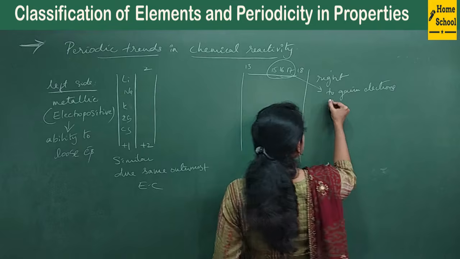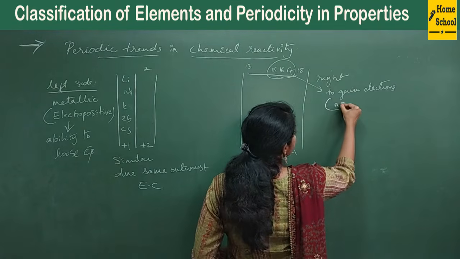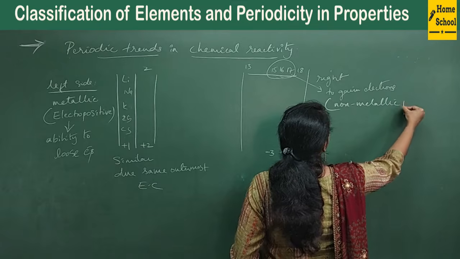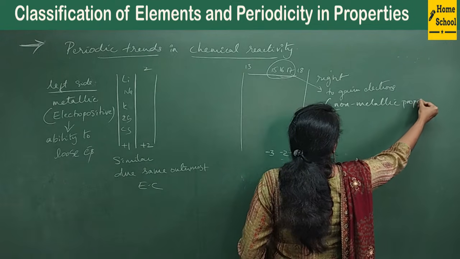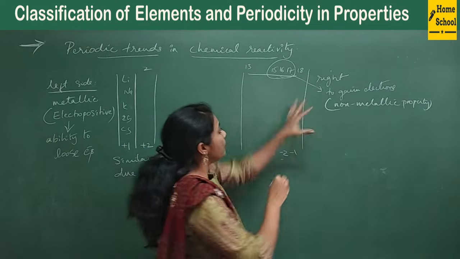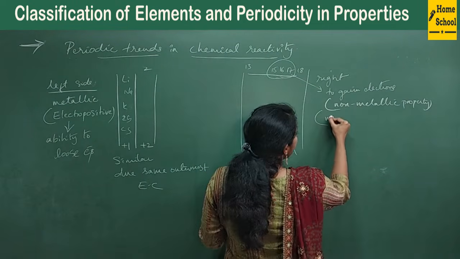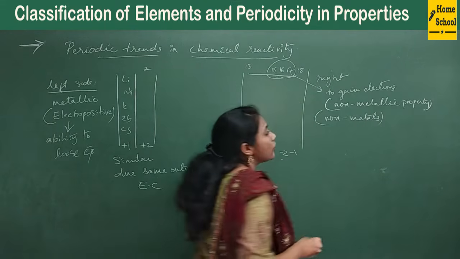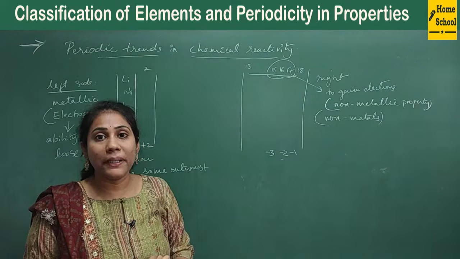So the tendency of gaining electrons is called non-metallic property. Is that clear? So rightmost elements are normally considered as non-metals.